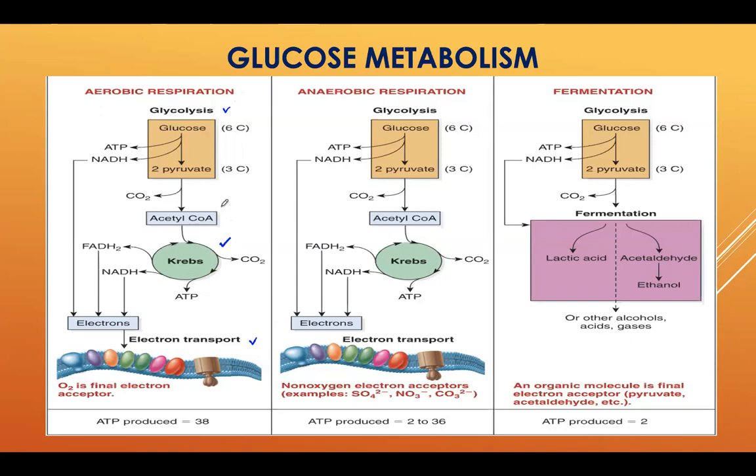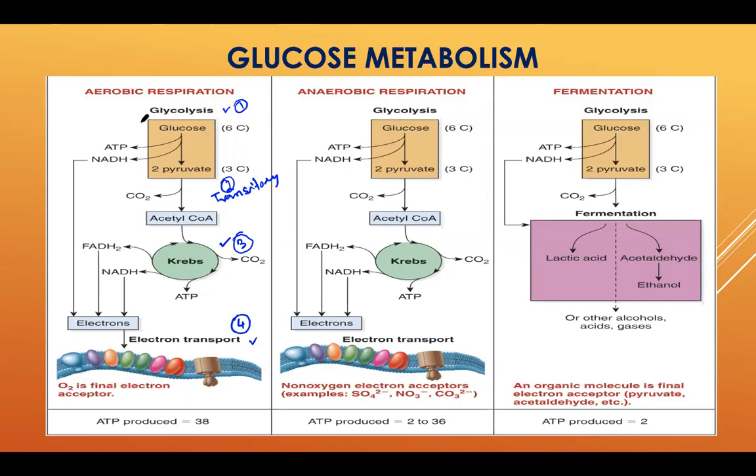And in between, another step is there, called the transitory phase. So this is one, glycolysis, the first step. This is the second step. Krebs cycle, that's the third step, and electron transport chain, that's the fourth step. So there are 4 phases for aerobic respiration.